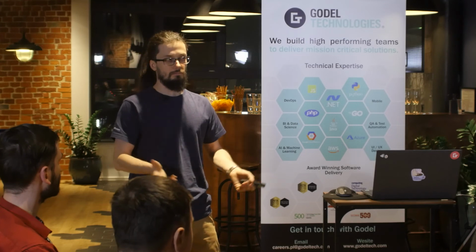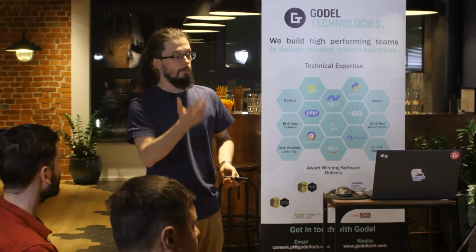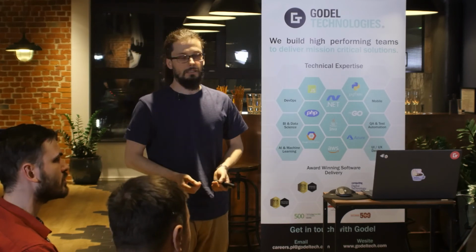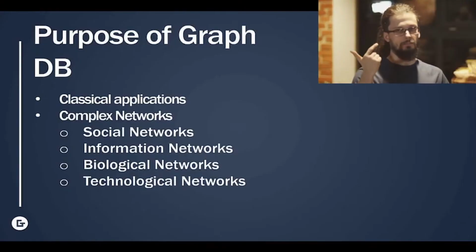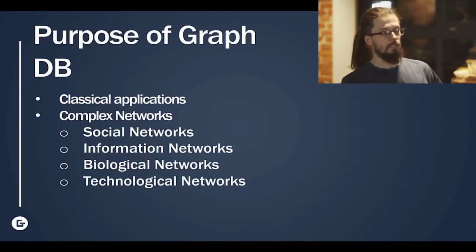For example, social networks, right? As I mentioned at the beginning, the experiment by Neotechnology, where the node is a person or a team, and the relations are who is a boss of whom, or who is a member of which team, and so on. Information networks, so Wikidata API, or hyperlinks, or quotes to articles.